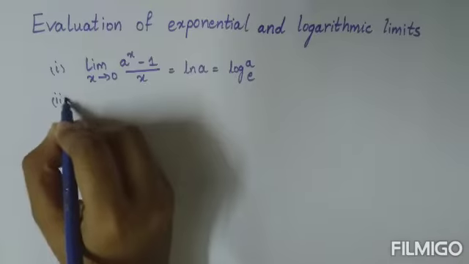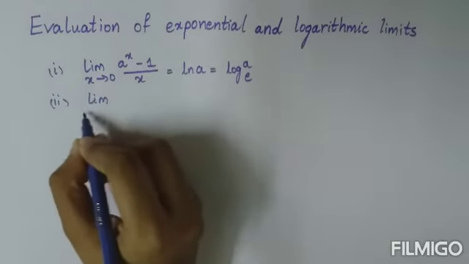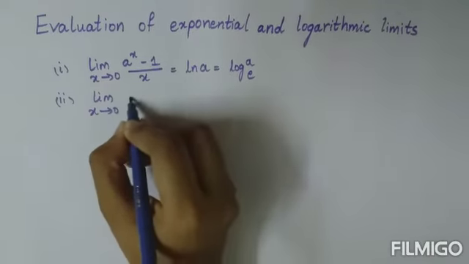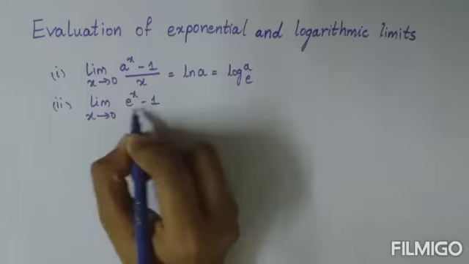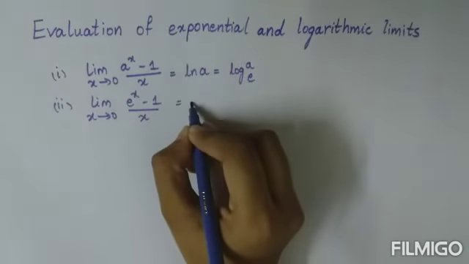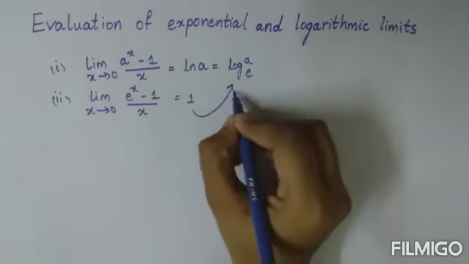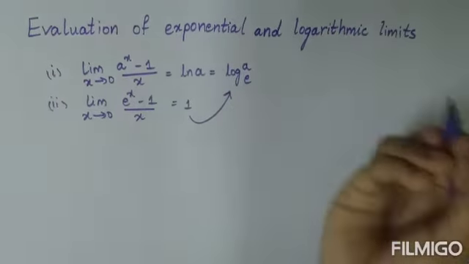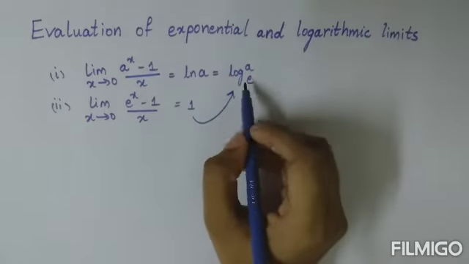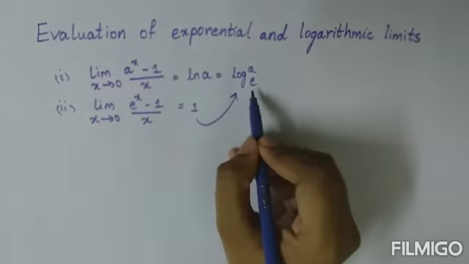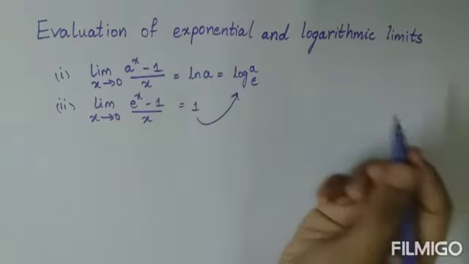Similarly, limit x tends to 0, e power x minus 1 by x is equal to 1. We get this from the previous one when we substitute a is equal to e, because then we get log e to the base e, which is equal to 1.